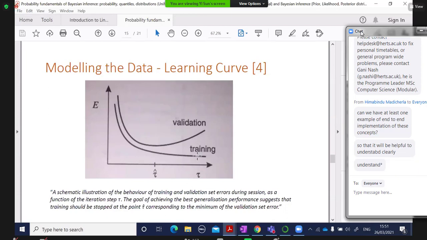Also, training at this step, the error seems even smaller than here, however the validation error has increased. So this is not the step where we should stop. That is the iteration number we should use. We are looking for a minimum point, not only for the training side, but also for the validation side.